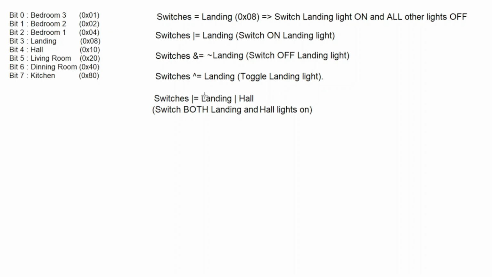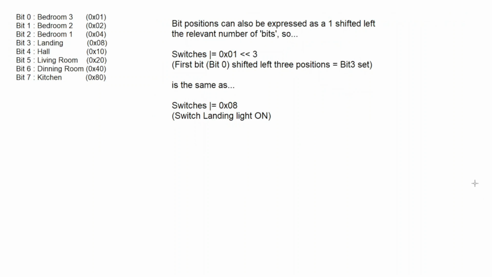And when you OR that resulting value into the switches, you'll be switching both the landing and the hall lights on. So that is bitwise manipulation. There's a couple of other examples I just want to take you through, because bit positions can also be expressed as taking the least significant bit and shifting it a number of bits down the register, or from right to left, from least significant to most significant.